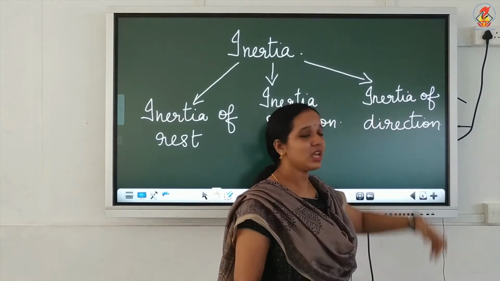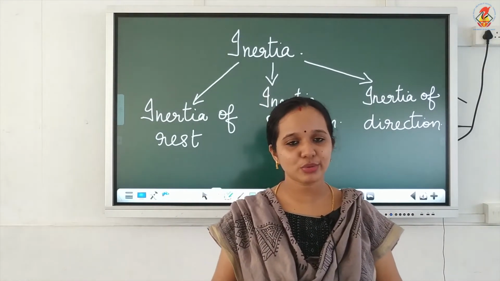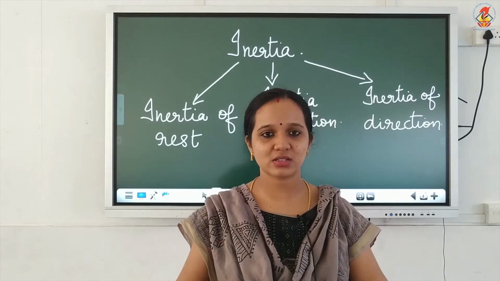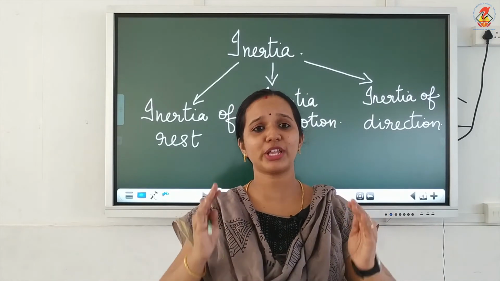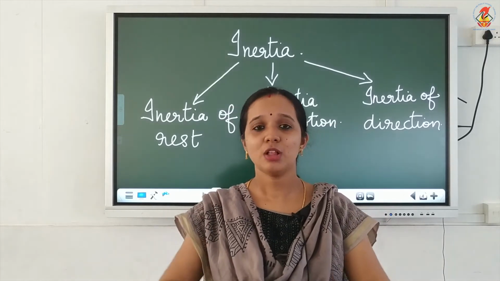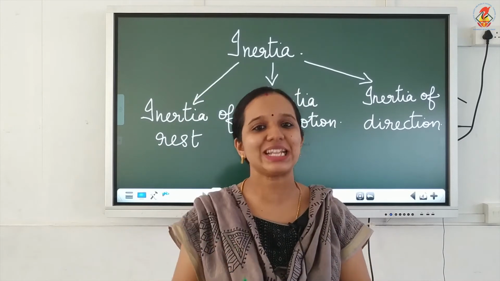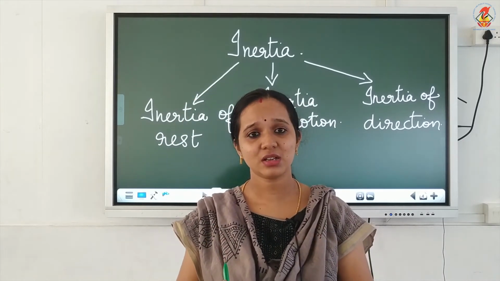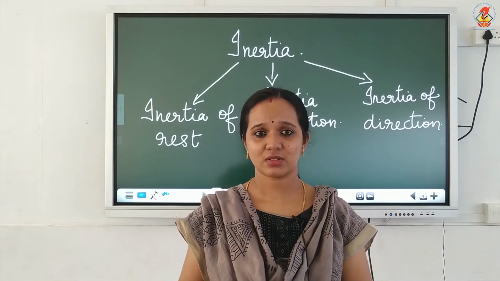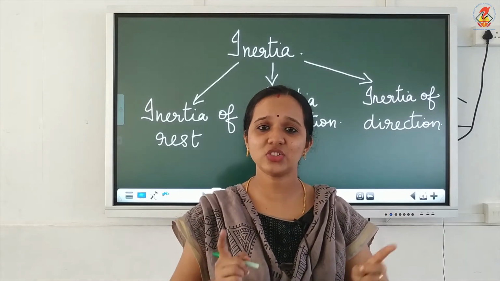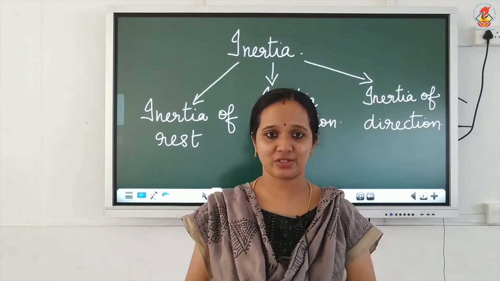And third one, inertia of direction means the body's tendency is to continue in its initial direction. Suppose a body was moving in the forward direction, the body's tendency is to move in the forward direction itself. It doesn't change its direction. That is inertia of direction.